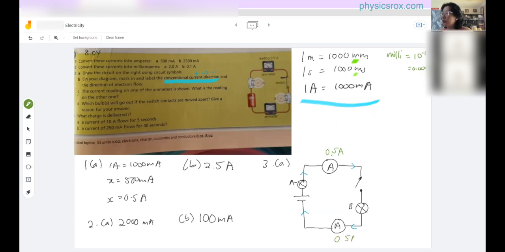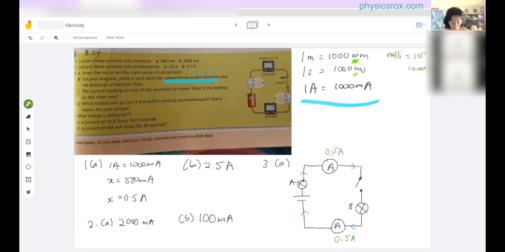I think I didn't mention this in the last lesson. When current flows, it is the same in the whole circuit, from start to end. Did you all learn this before? Do you remember learning this? Maybe you learned and forgot. Now I learn.